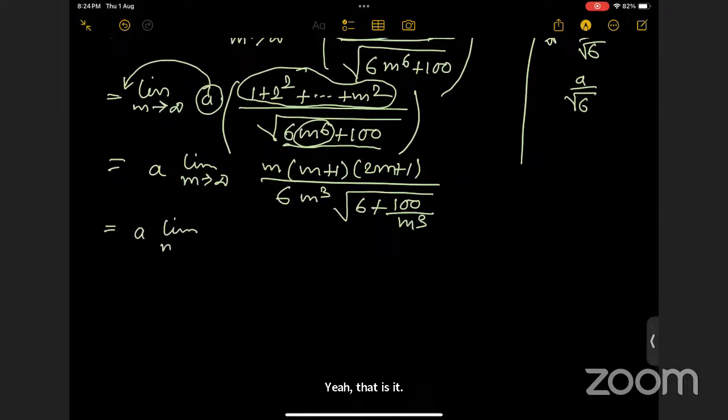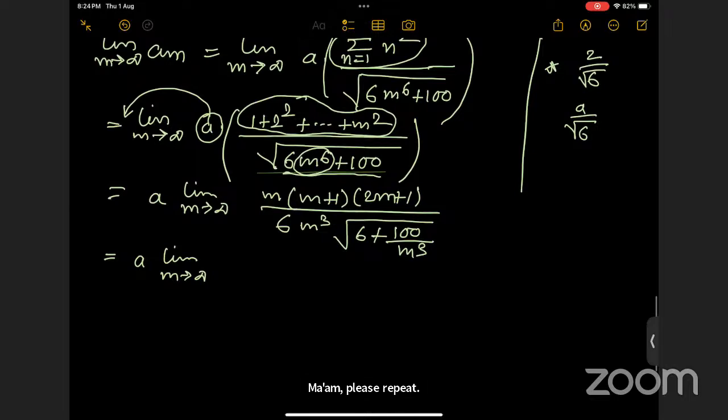So what will be the next move? Ma'am, please repeat the previous step. That would be 100 by m power 6 inside the square root. It was m power 6 inside the square root. Okay, sorry. So we can take m power 6 as common, then it will be m cube outside the square root, right?